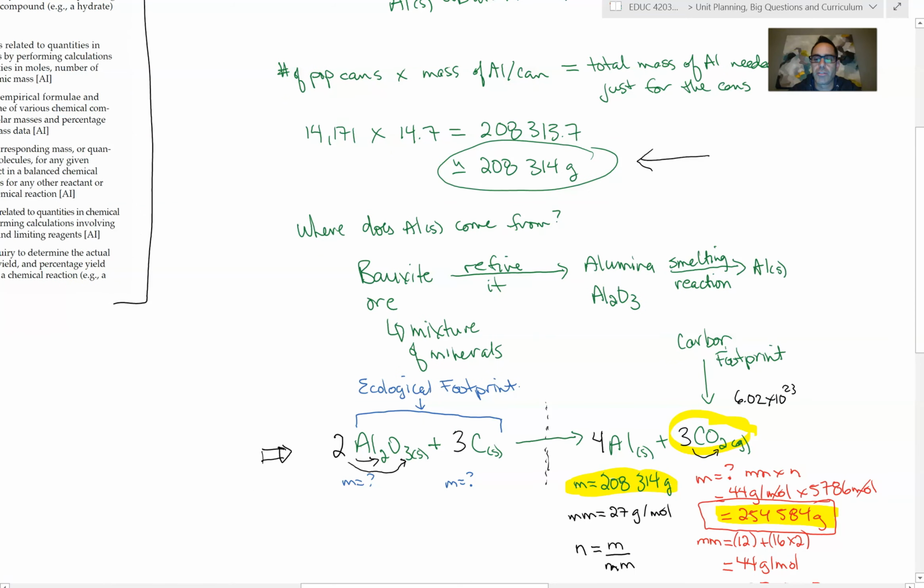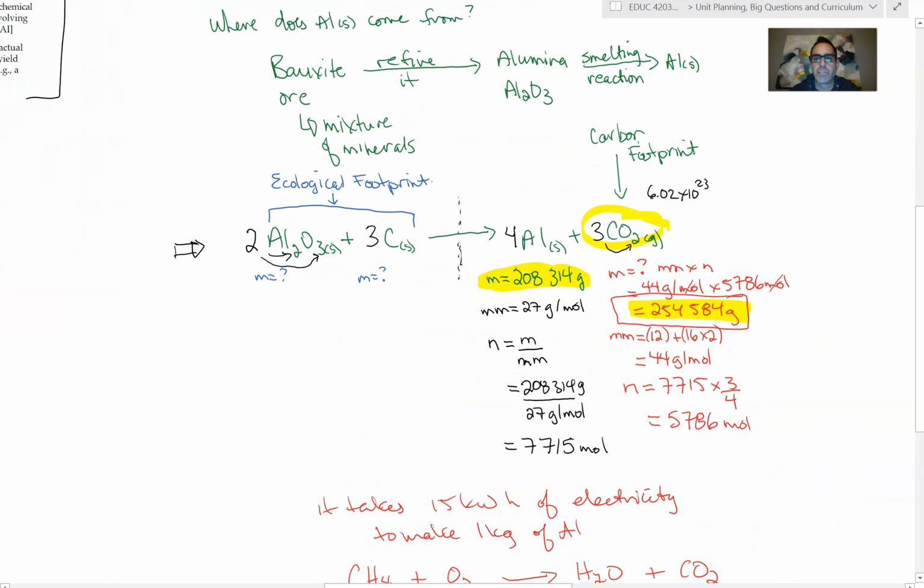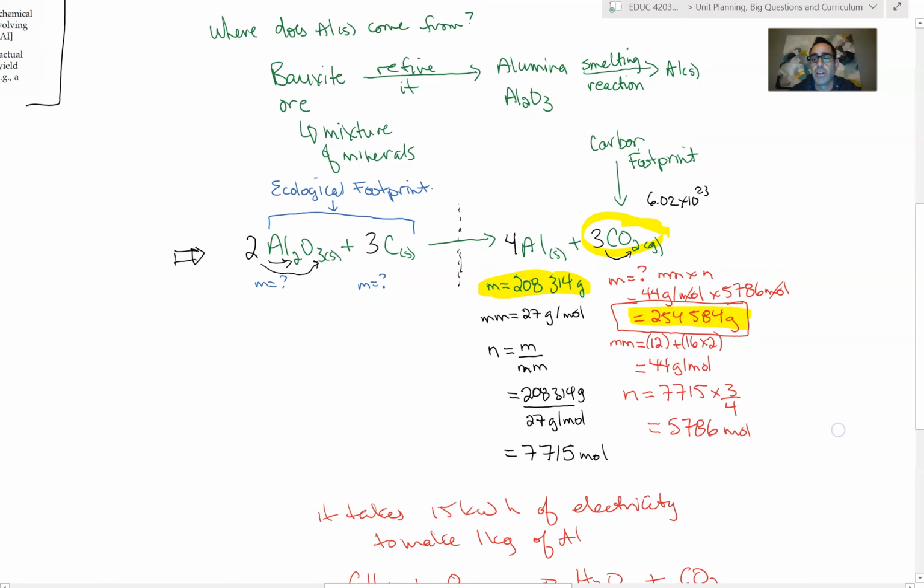And then I took you guys through a lesson where I taught you the concepts of stoichiometry, which in a nutshell is just using real-world masses and balanced chemical equations to figure out unknown masses.